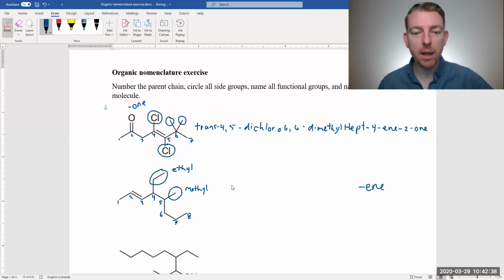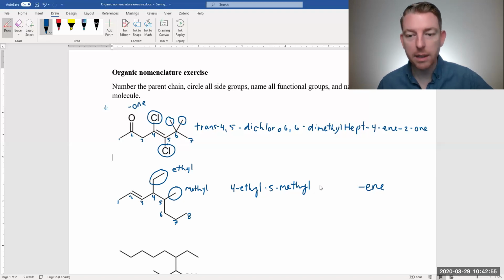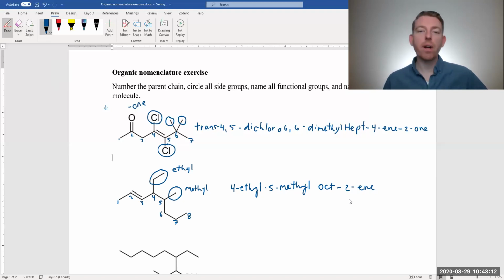So this is going to be a 4-ethyl, 5-methyl, and it's an 8-carbon parent chain, so this would be an octene. And in fact, we don't even need to have a dash on the back of there. Oh, actually we do, excuse me. This would be oct-2-ene, just so that we really identify where that double bond is.